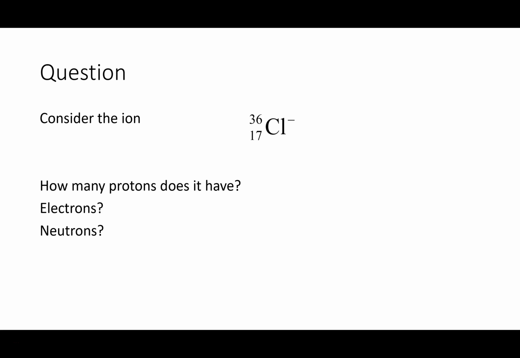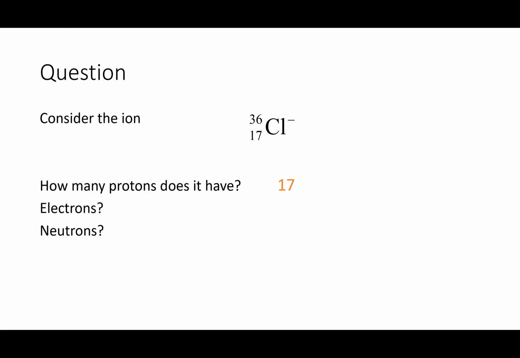Chlorine, if we find it on the periodic table, is one of the halogens, so it's 7A, and you put a -1, the anion that these elements will form. Protons, it's shown here, it's the smaller number on the lower left, so it's 17. We could have gotten that from the periodic table too. This particular isotope has a mass number of 36. 36 is protons plus neutrons.